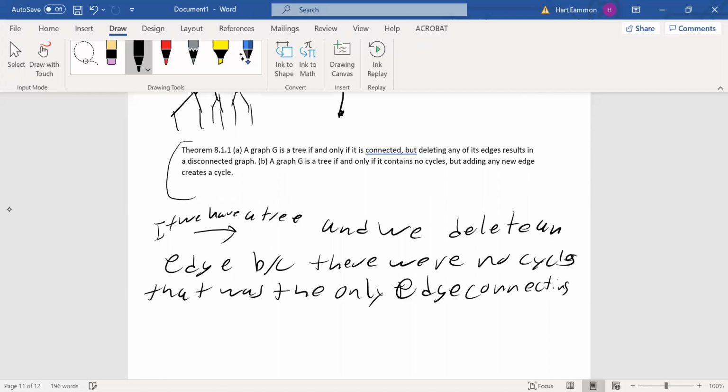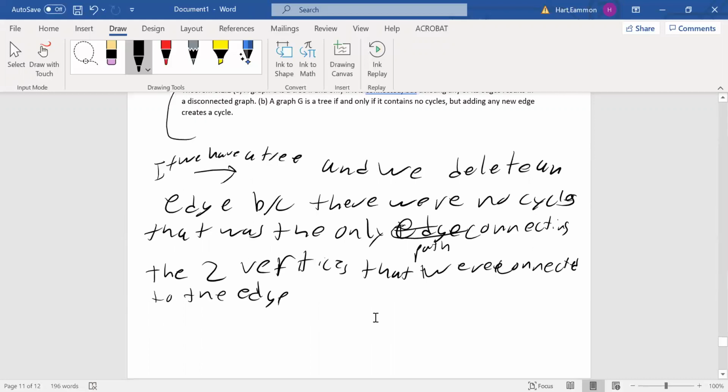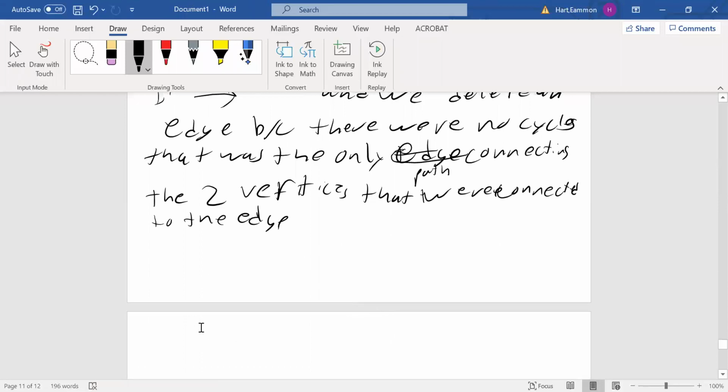It was the only, let's say, path connecting the two vertices that were connected to the bridge, that were connected to the edge. So remember, if we have a cycle, then we have two different paths linking these guys.